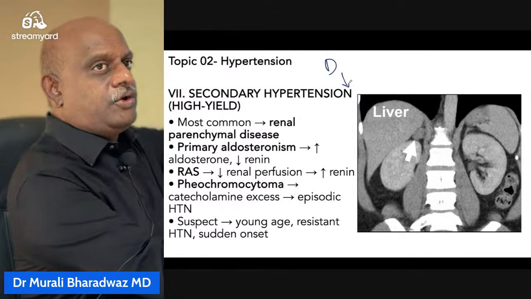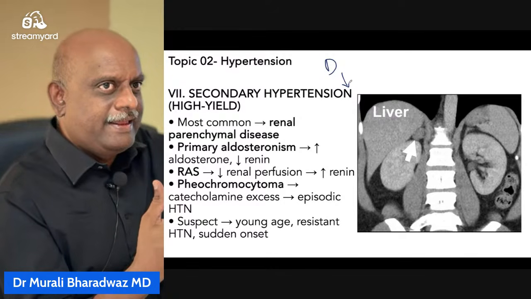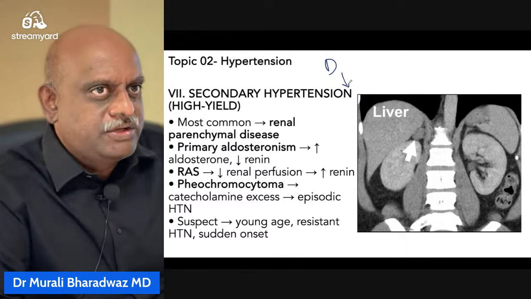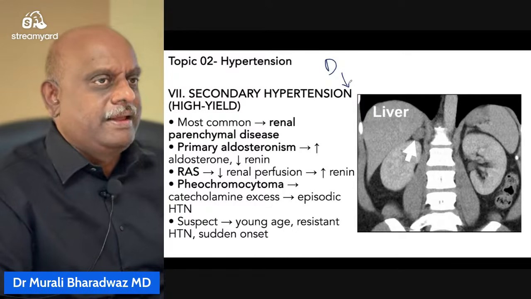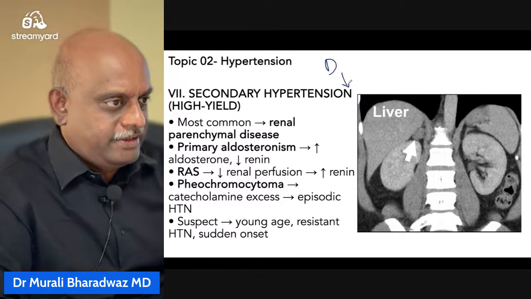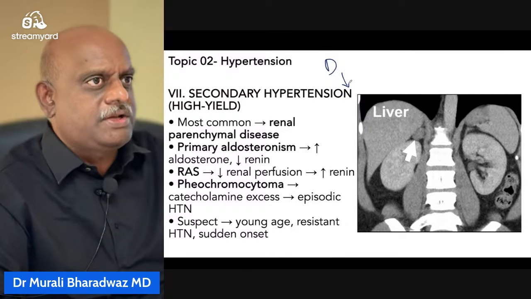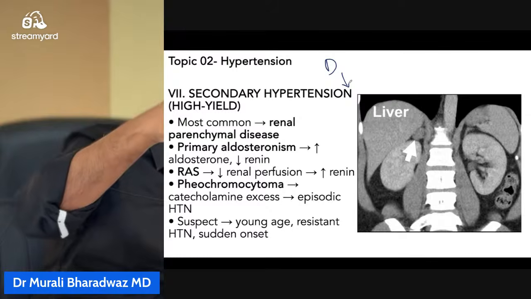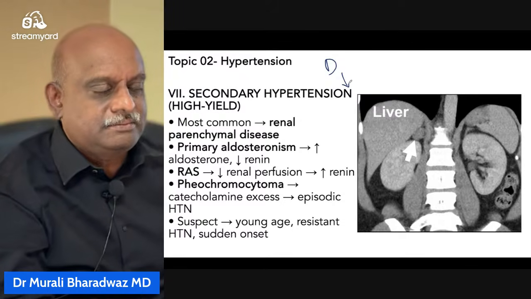Such a hyperaldosteronism due to dehydration and vomiting is called secondary hyperaldosteronism. Because of vomiting and dehydration there is decreased renal blood flow, and the juxtaglomerular apparatus is made to release renin, angiotensin, aldosterone. That is called secondary. That means you have high renin leading to high aldosterone.